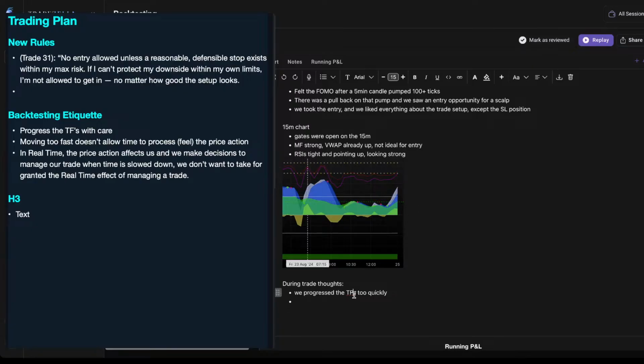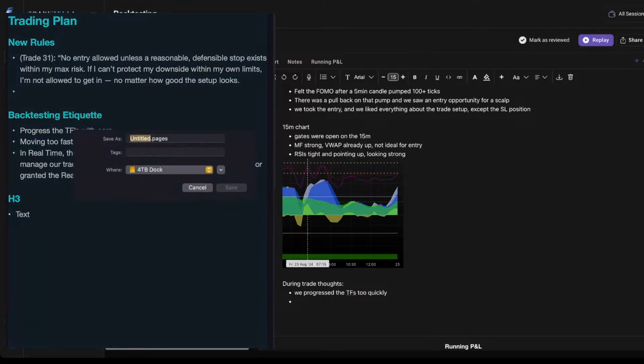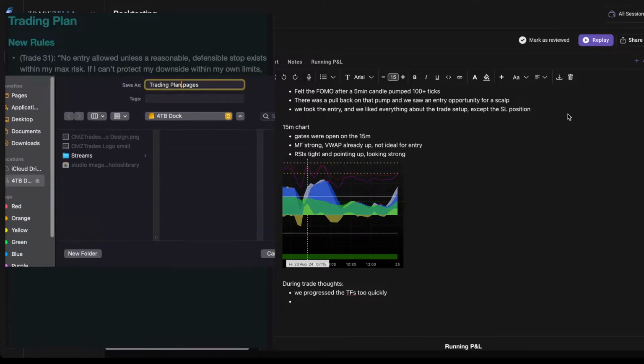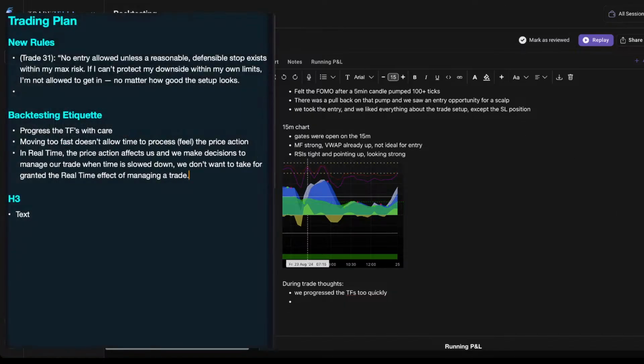Excellent. Okay, so where does that leave us? Let me save this thing. I have not saved it. This is trading plan. Lord, what did I just do? Save.